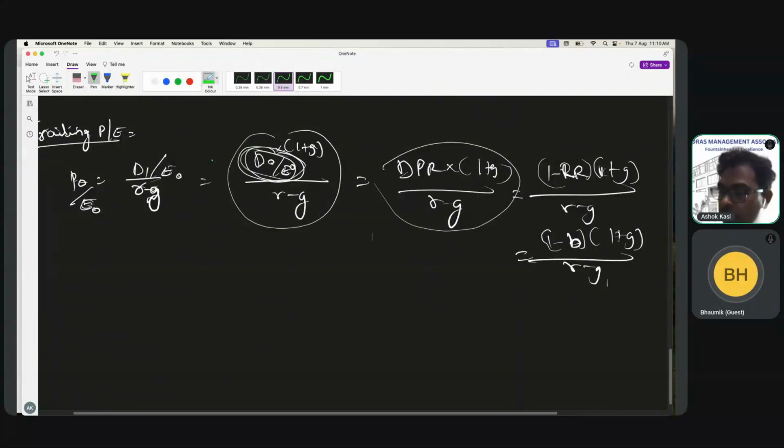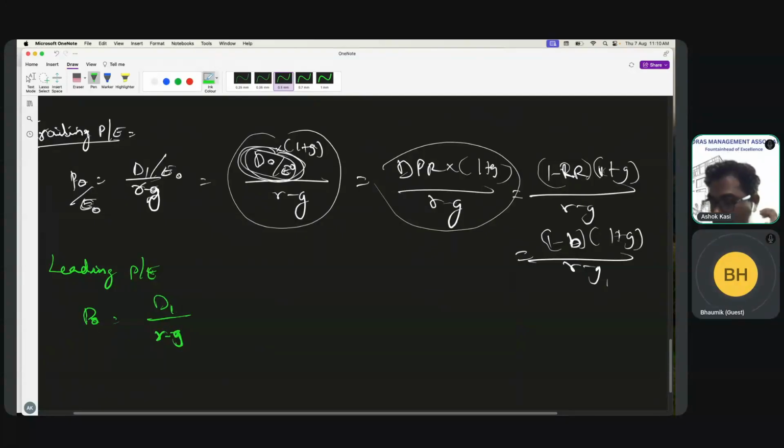Then next one is the leading PE ratio. Leading again has the same base, Gordon growth. Then dividing by E1, expected one. Leading, so here also E1.